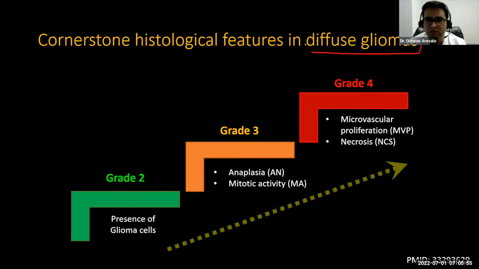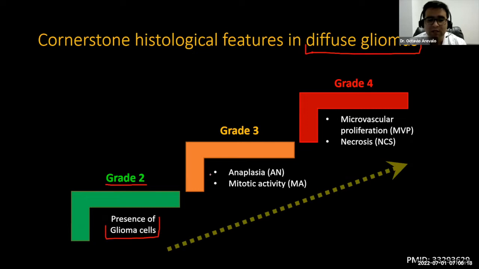We are not talking about circumscribed gliomas here, which are a different business, okay? So diffuse gliomas usually start at the grade 2 histological level, and the grade 2 is when you see a hypercellular piece of brain parenchyma with presence of glioma cells, by default, it is a grade 2.